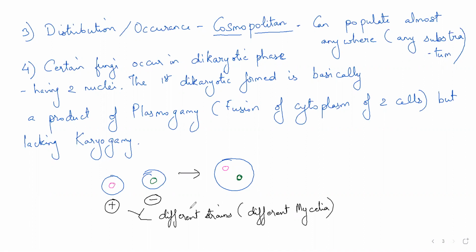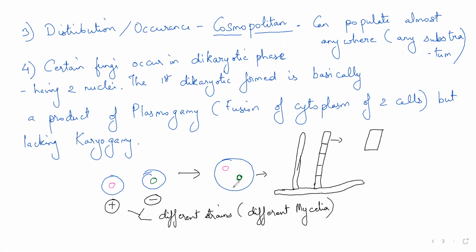Now it would divide, and when it divides, it forms hyphae. Each hyphal cell has two nuclei. If I magnify this cell, it has one nucleus of this kind and another nucleus of this kind.